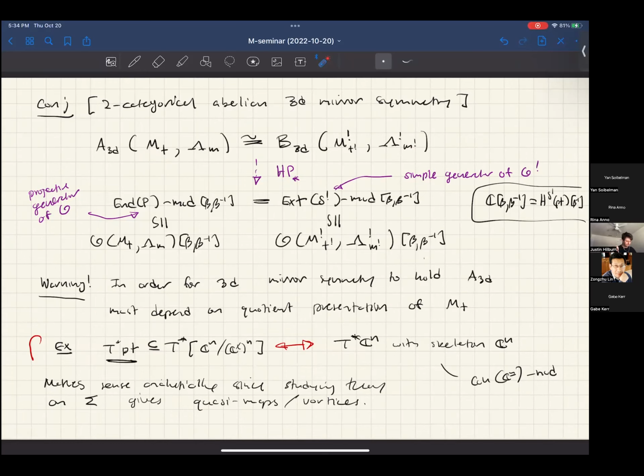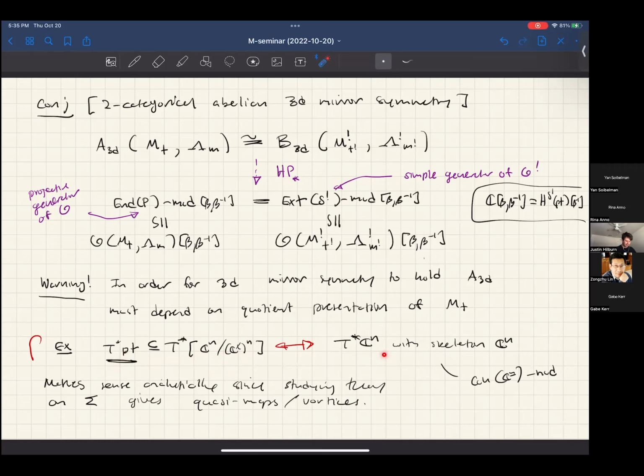And the way that you can see this is that one of the very simplest examples of 3D mirror symmetry is the theory for T star C to the N is mirror to the theory where you have your gauge group being C star to the N acting on T star C to the N. And whenever you put on an FI parameter for this thing, whenever you choose a stability parameter, this thing is just always a point.